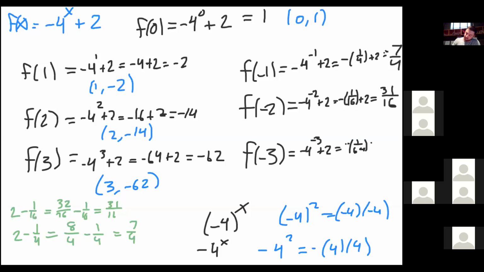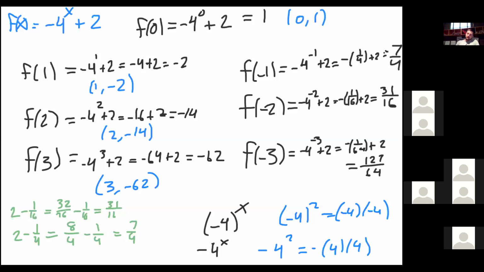This is -1/64 plus 2, which will be 64 times 2 is 128, so minus one of those, 127/64.